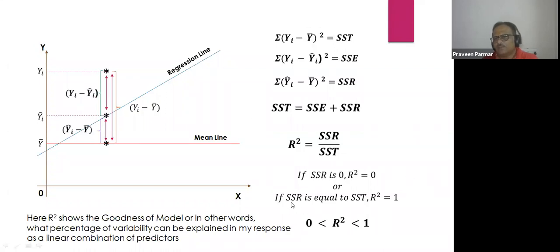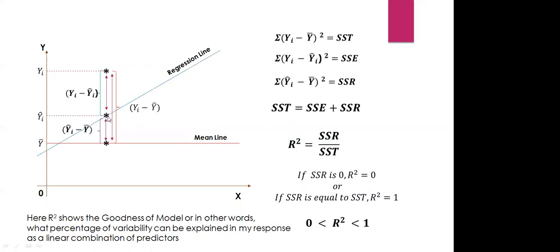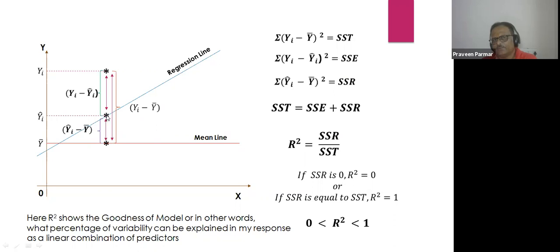And when we see that SSR is equal to SST, what will happen? SSE would be 0. Then only you could get SSR equal to SST or not? SSE must be 0. Does that make sense to you?